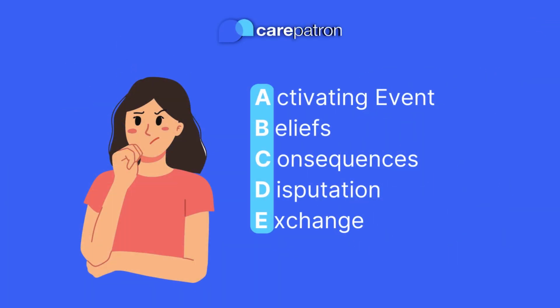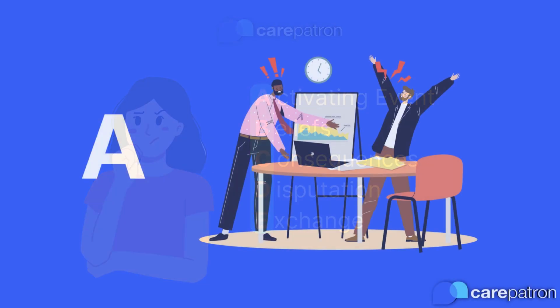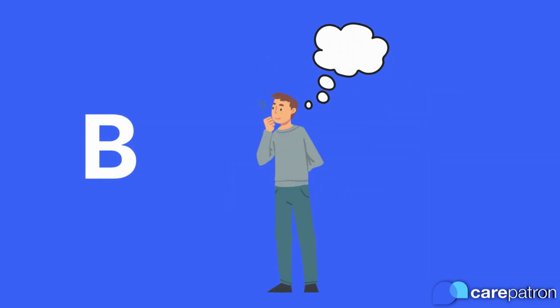ABCDE stands for Activating Event, Beliefs, Consequences, Disputation, and Exchange. Let's go into each of these in a bit more detail now. The activating event is the situation that triggered the negative thoughts or emotions. Beliefs are the thoughts your client had at the time due to their emotional response to the activating event.